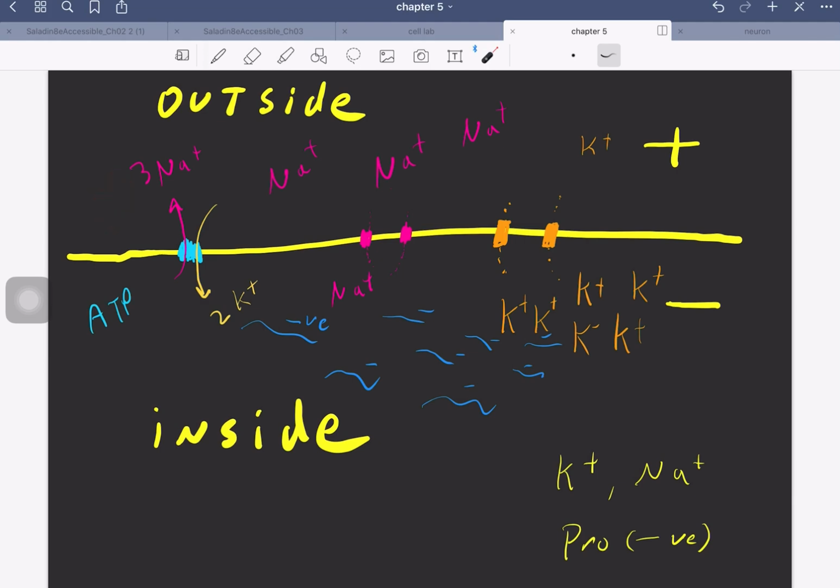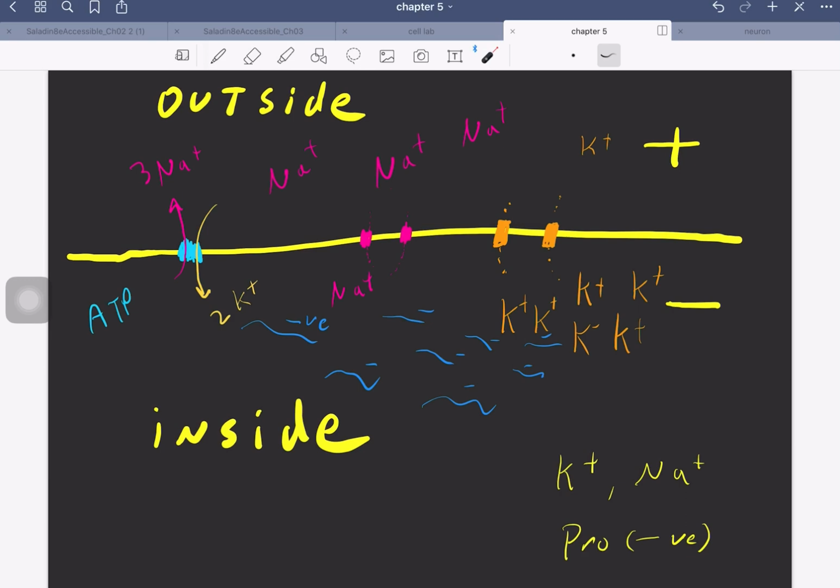So the sodium-potassium pump has a role in helping to maintain and fine-tune the voltage difference between outside the cell and inside the cell. Now, to give you an idea, sodium is about 12 times more concentrated outside versus inside.